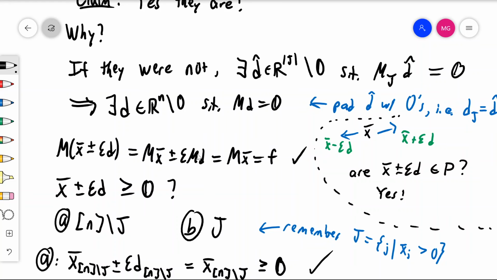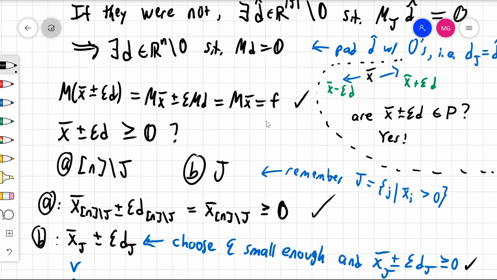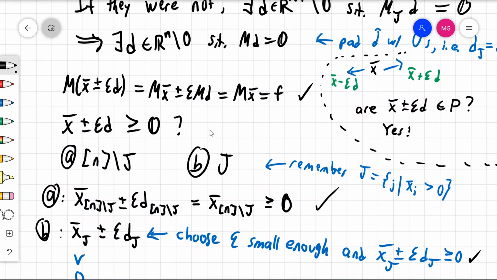You just distribute the M in, and d is in the null space of M, so that part goes away, and you're left with M times x bar, which we already know equals f because x bar is a feasible point. So M times these 2 points also equals f, and they both satisfy the matrix equality constraints. And how about the variable non-negativity constraints?